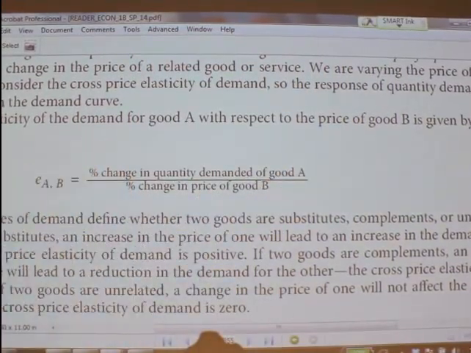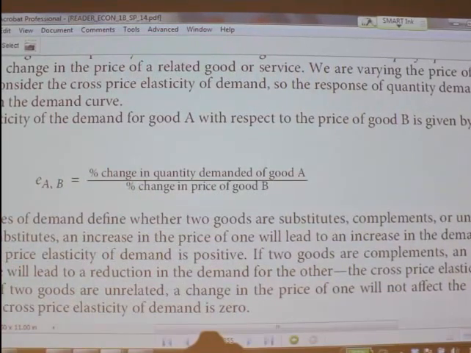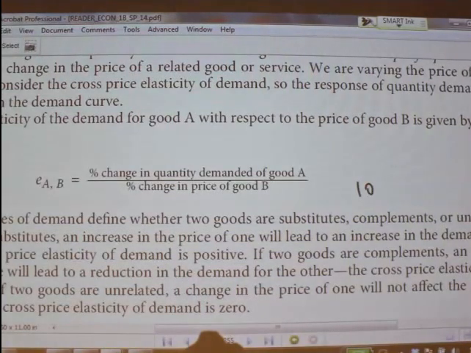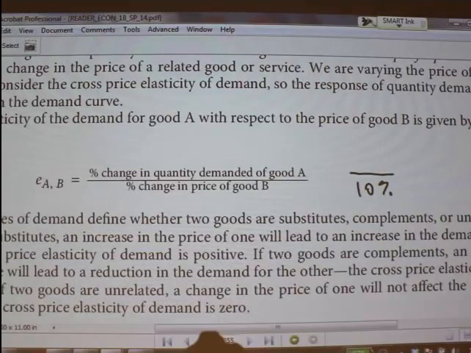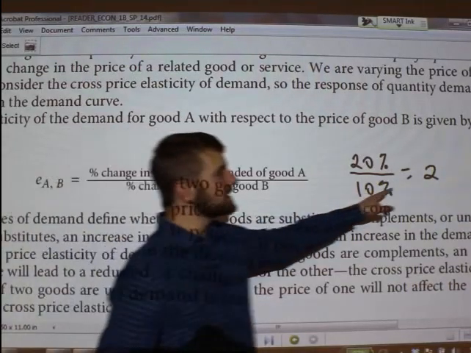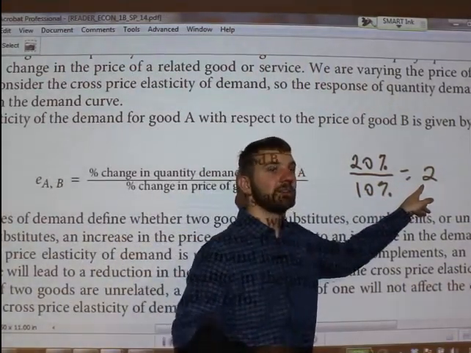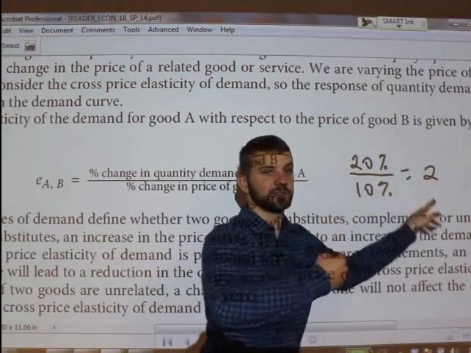And so, for example, if we had a 10% increase in the price of gasoline, and that led to a 20% increase in the number of transit rides, then the cross-price elasticity would be 2. Again, we care about the sign. The fact that this is positive means these goods are substitutes.